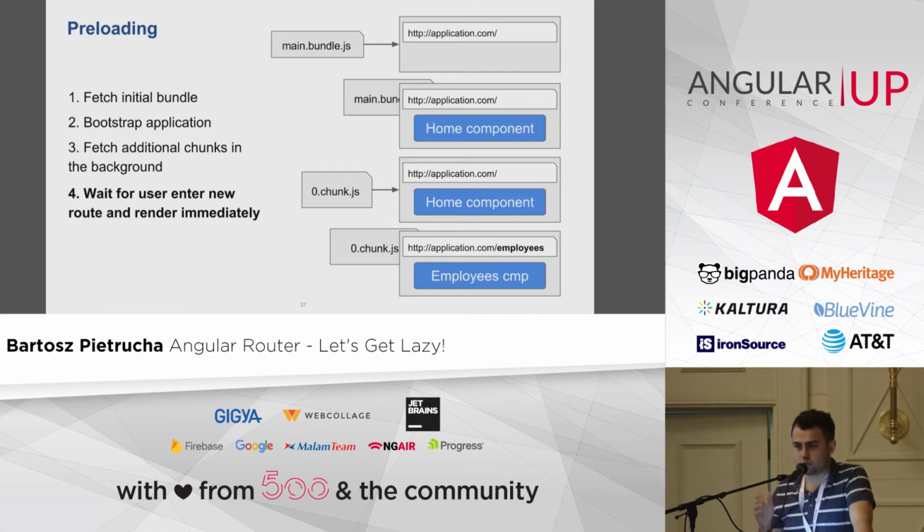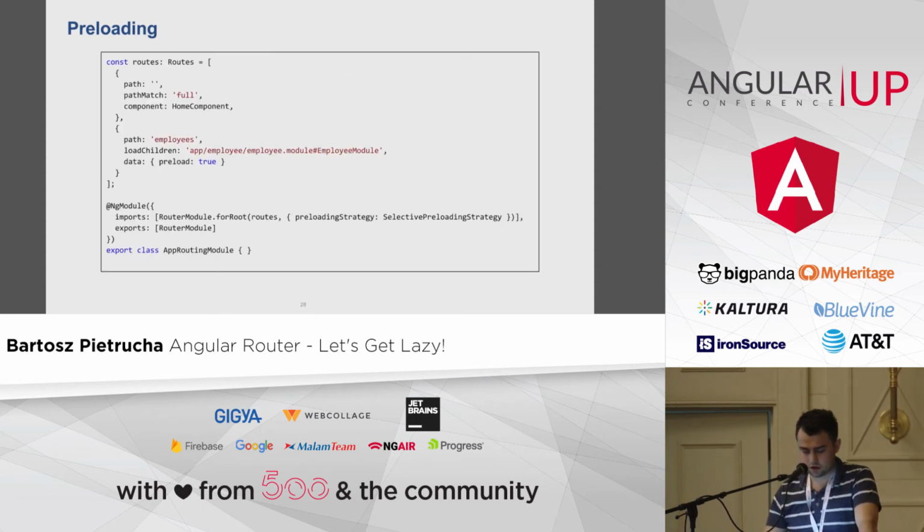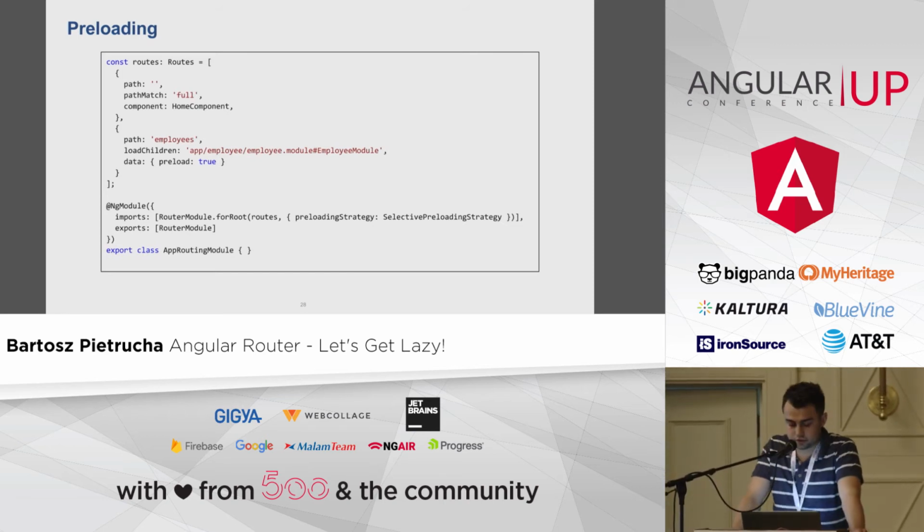So actually what the router does, it actually in the background asks the loader system to get these chunks to the browser. So this is the idea of preloading. And enabling it in Angular router is straightforward. It requires only 2 small changes. So you can see this is our routing configuration.